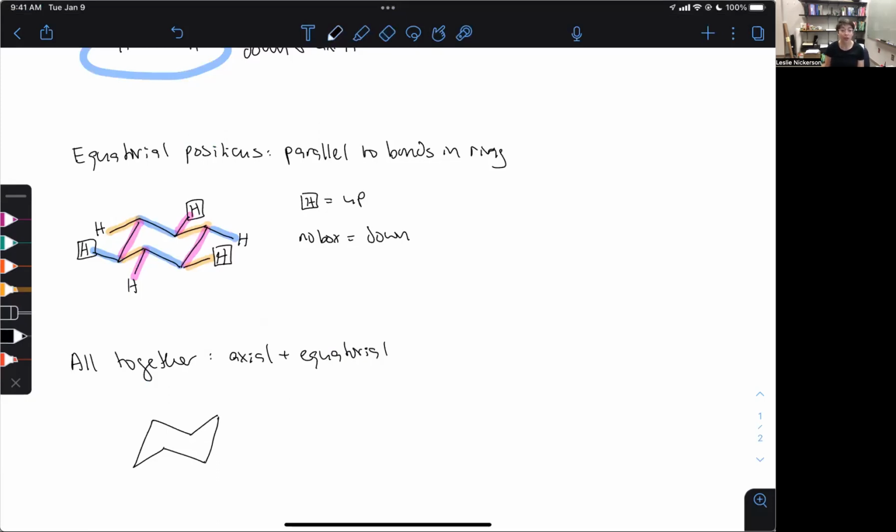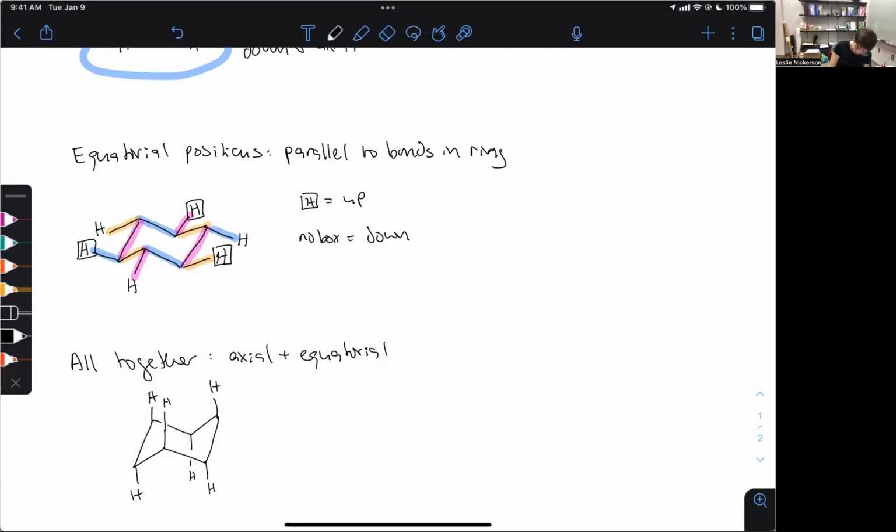All right, so all together, I like to draw on my axial substituents first, because they are all the straight up and down ones. I should have 6 of those, so we double check that.